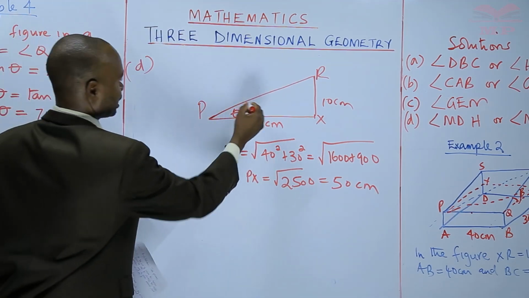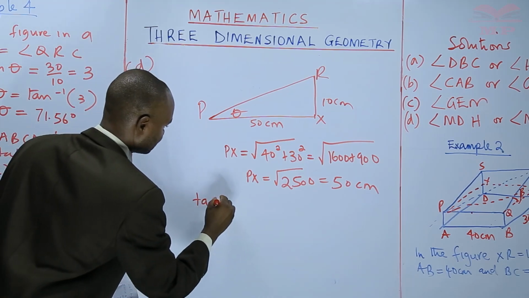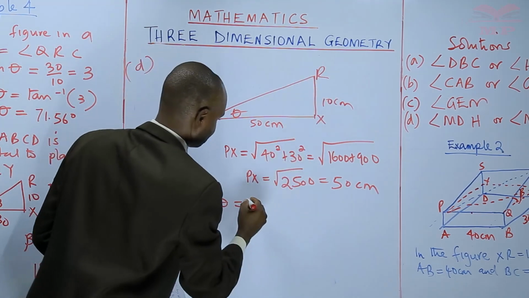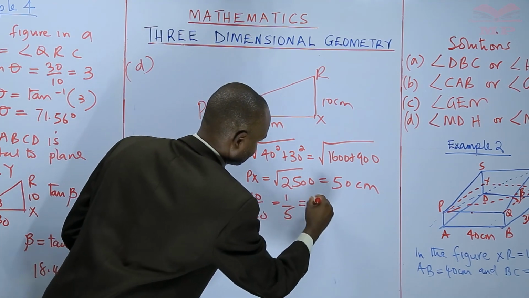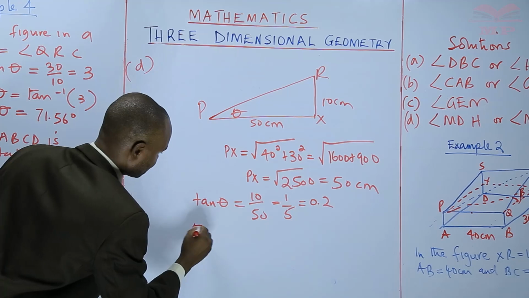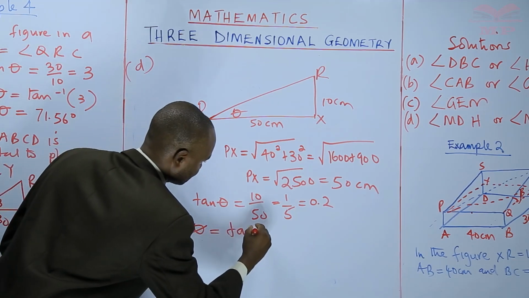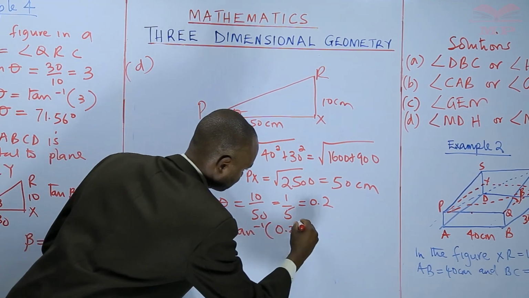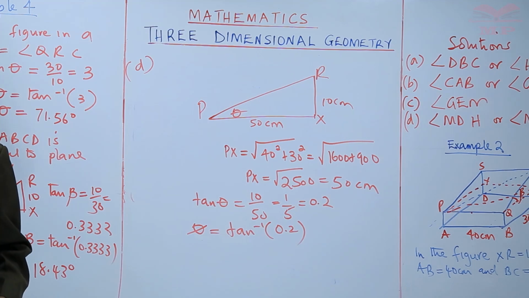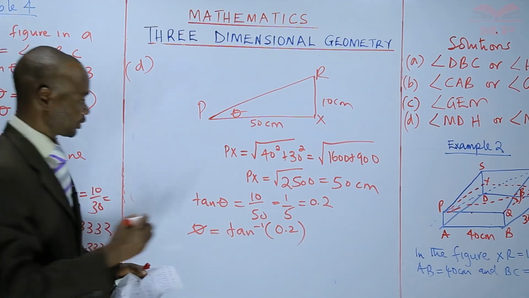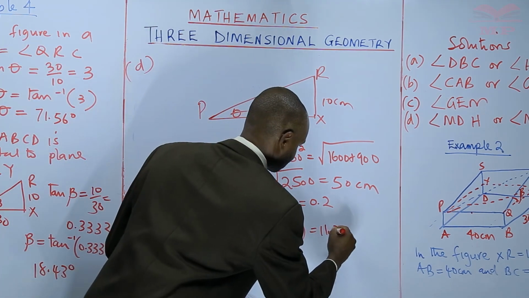I can call this angle theta. So if they want that angle, tan theta is equal to opposite over adjacent. So it's 1 over 5, which is 0.2. So theta will be tan inverse 0.2. Back to the calculator, tan inverse 0.2 will give you 11.30 degrees.